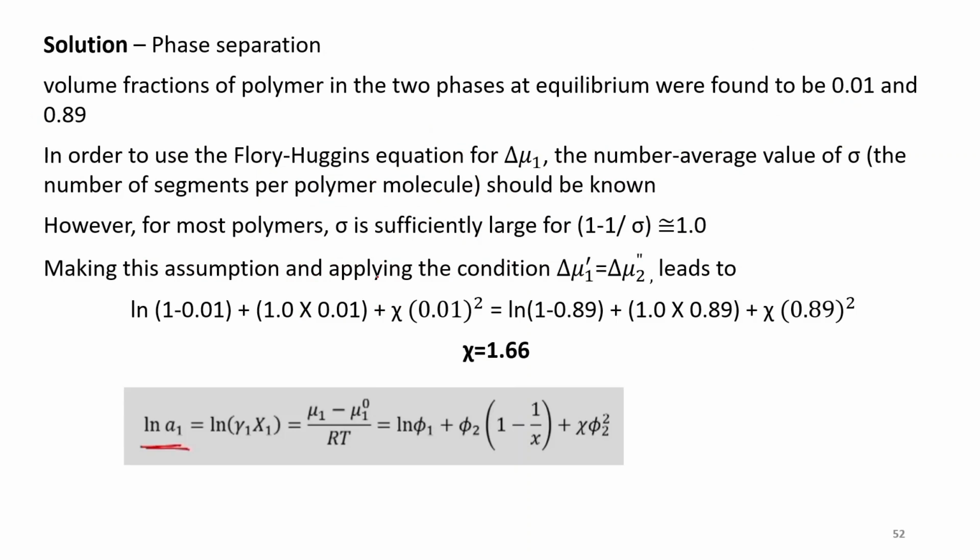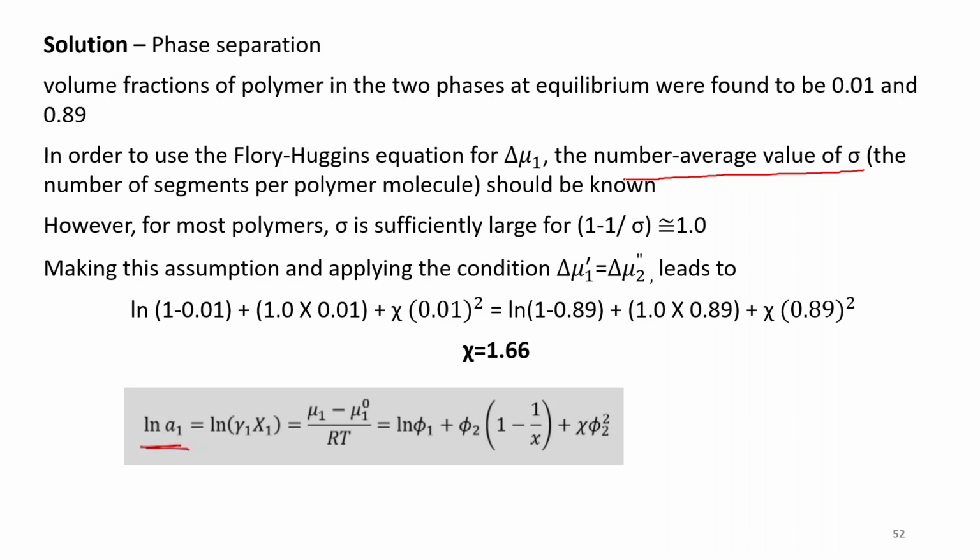Let's move to the solution. In order to use the Flory-Huggins equation for delta mu1, the number average value of sigma, which is the number of segments per polymer molecule, should be known, right?